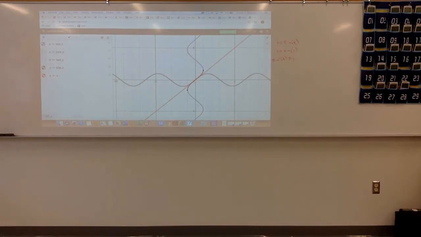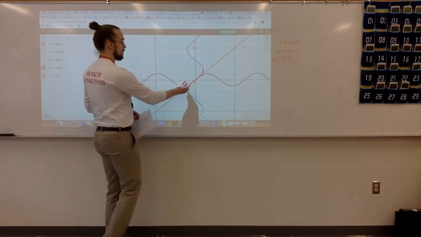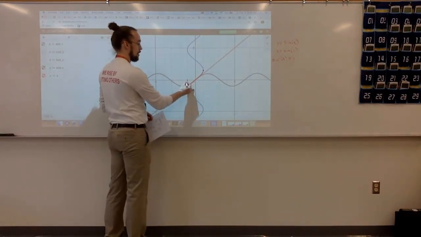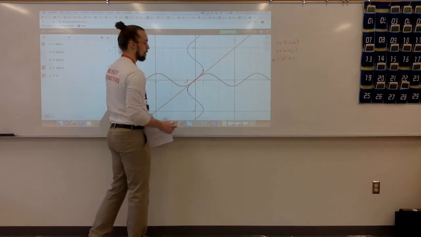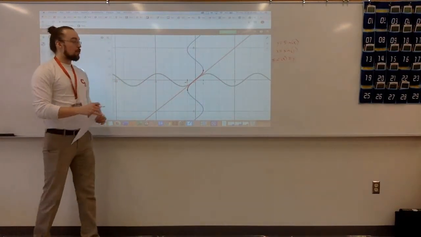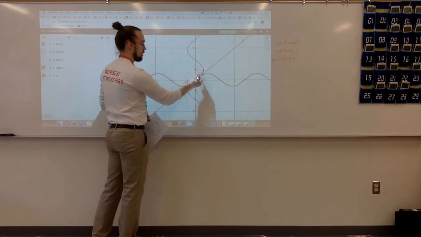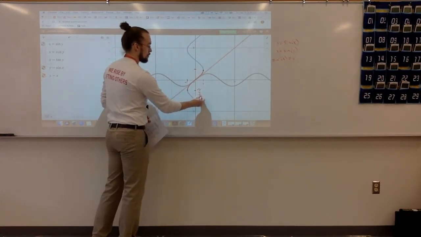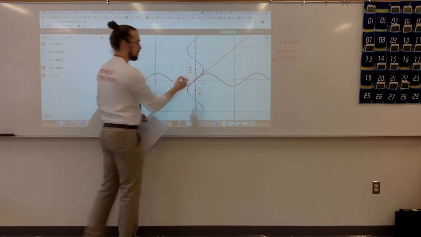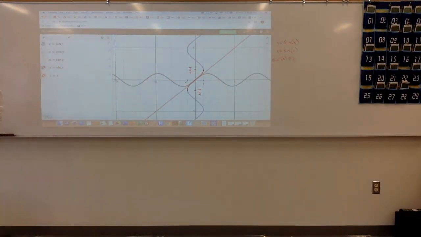So our domain, the x values that we're hitting, are just -1 to +1, and then the y values that we take here end up being -π/2 to +π/2.